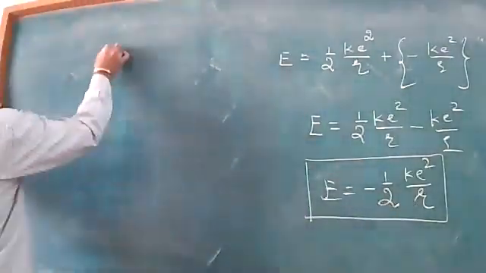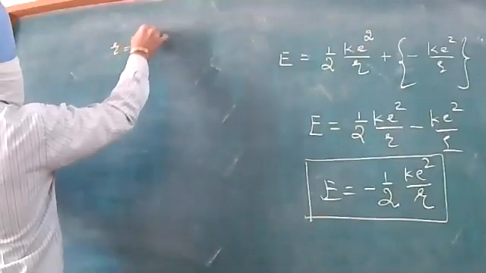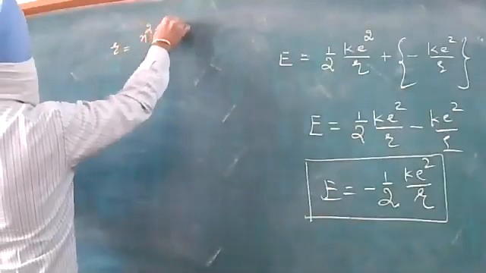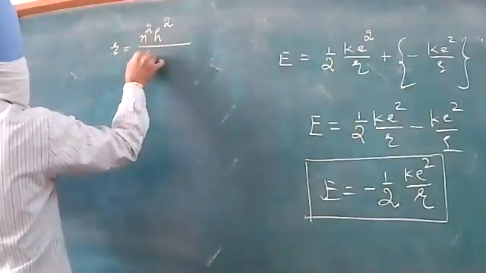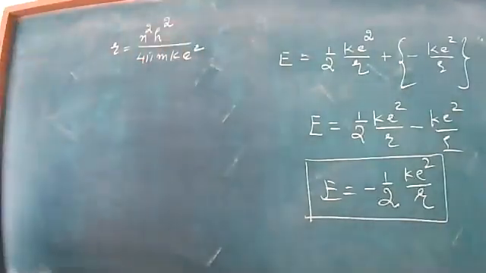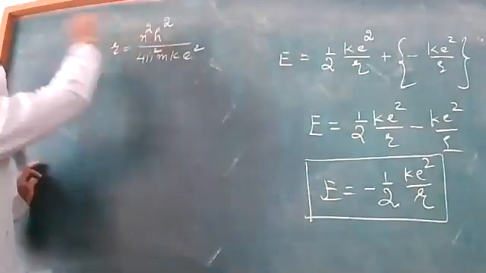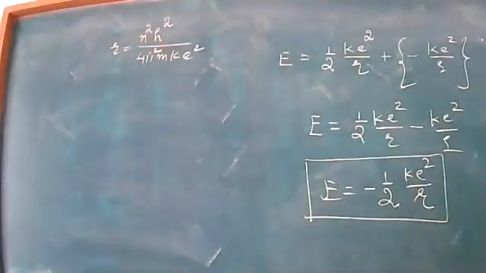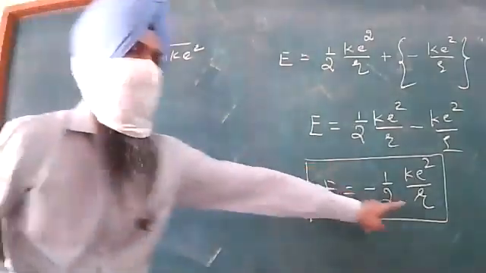You must be remembering that r is n square h square upon 4 pi square m k e square. Just check it, this is pi square. Please check it out. These terms are intact as such, na beta. So let us substitute here.